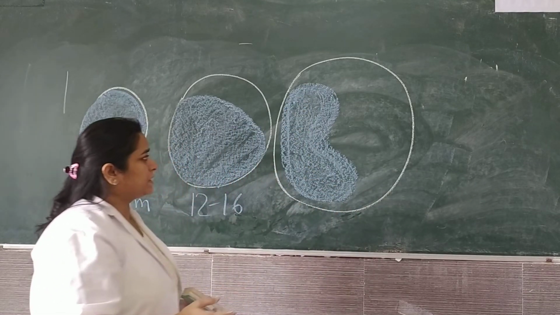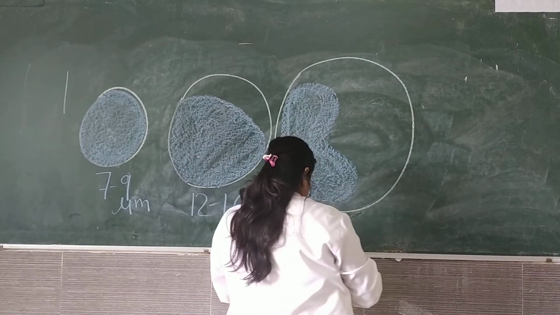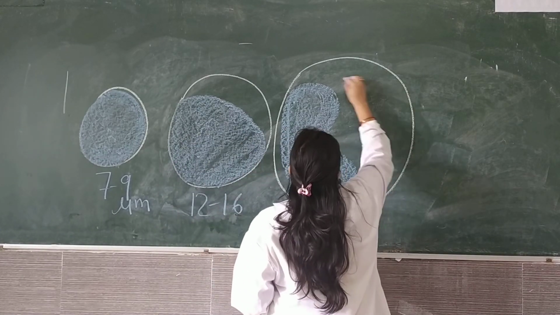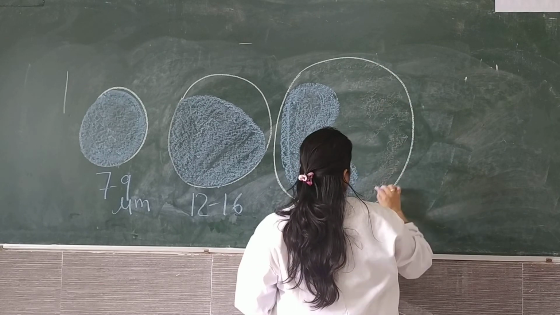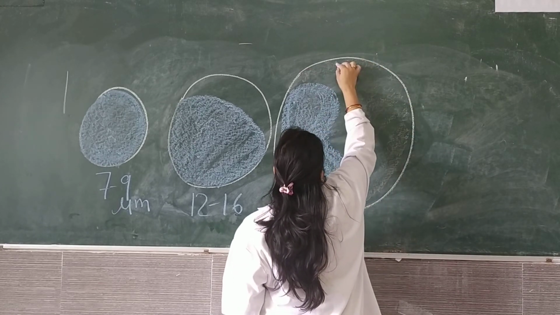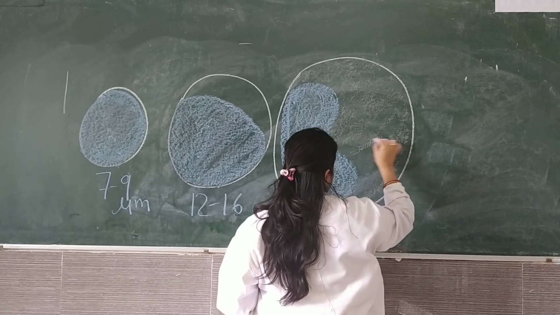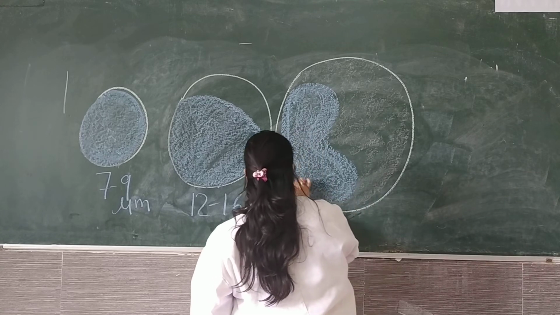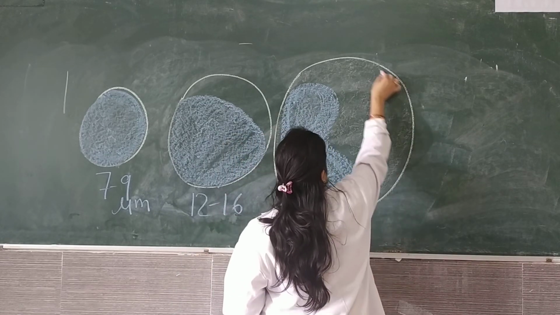It tends towards one side of the cell, and the cytoplasm can be lightly pinkish, slightly bluish in color.